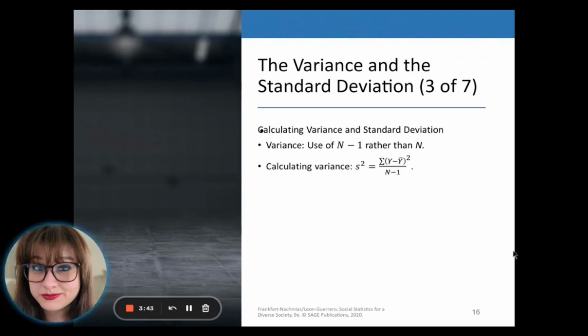Understanding this formula is really important. We have our s squared, which is the variance. This is the calculation we're going to do: s squared equals the sum of y minus y bar squared, divided by n minus 1.